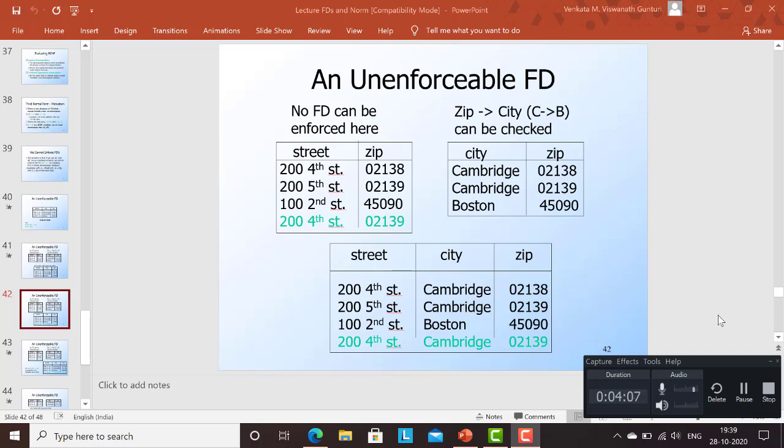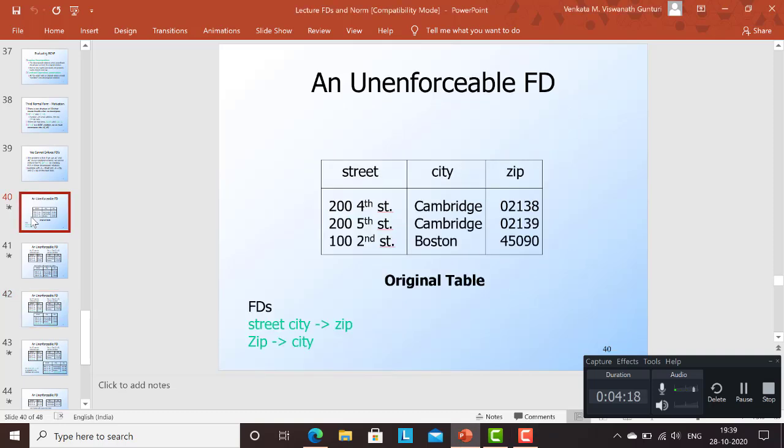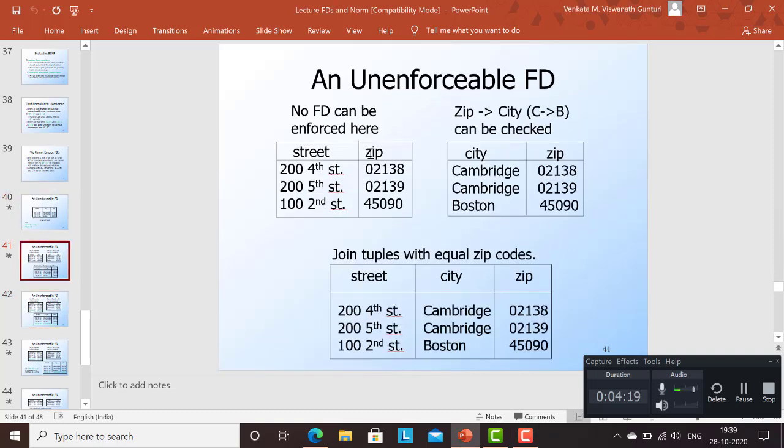So this was more of an example, right? Remember that when we decomposed our original table into two child tables, the original table is no longer stored, and all we are working with now are these decomposed tables.